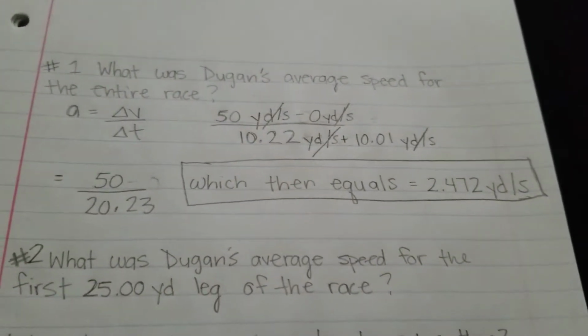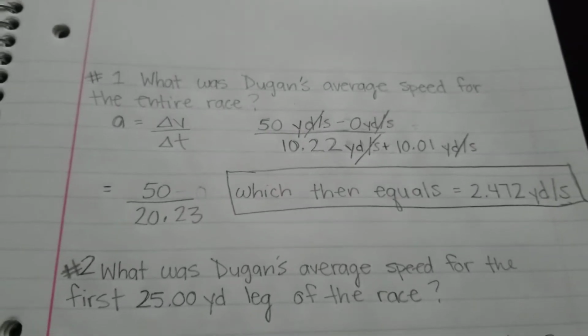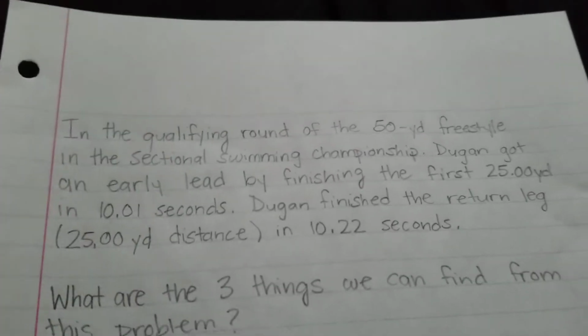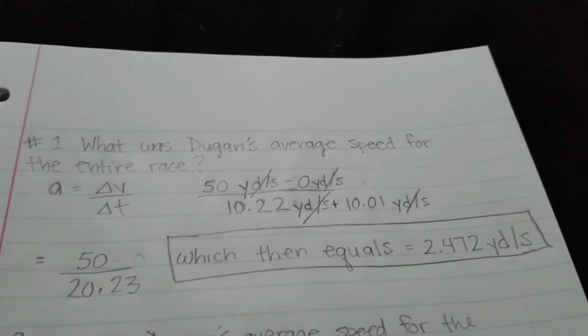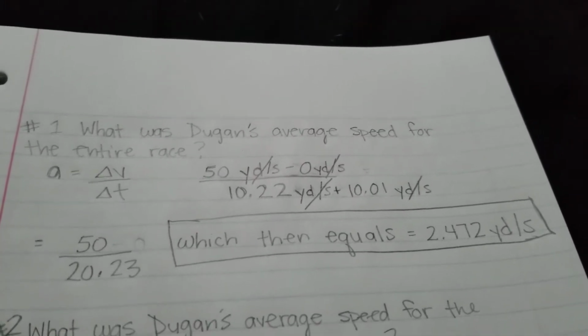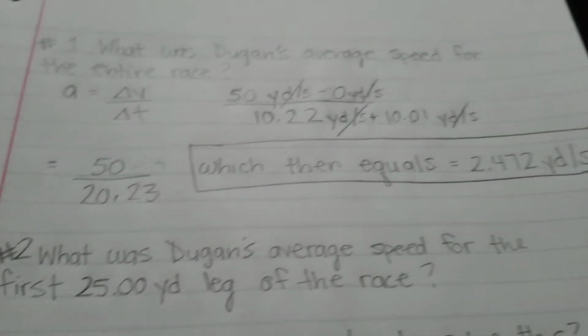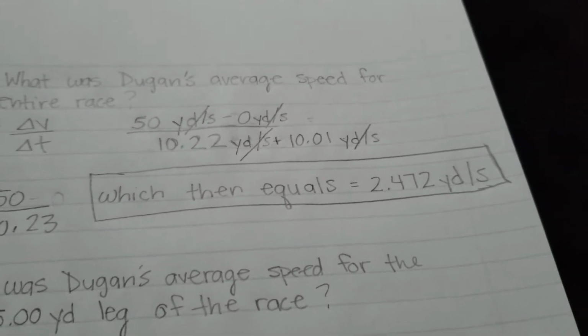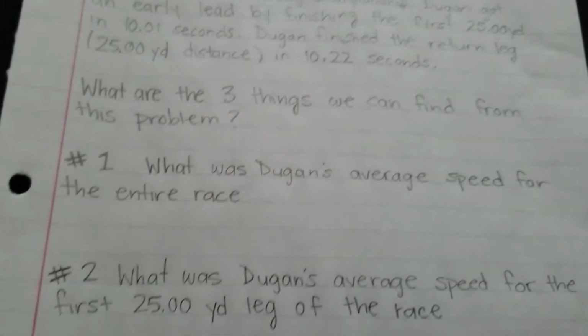As you can see right here, we took the 50 yards, which was the total distance from both legs of the race, and we took the seconds in which he completed leg one and leg two, and we were going to add those two times from his first leg of the race and his second leg of the race, and then divide by 50, which gives us an answer of 2.472 yards per second for question one, which stated what was Dugan's average speed for the entire race.